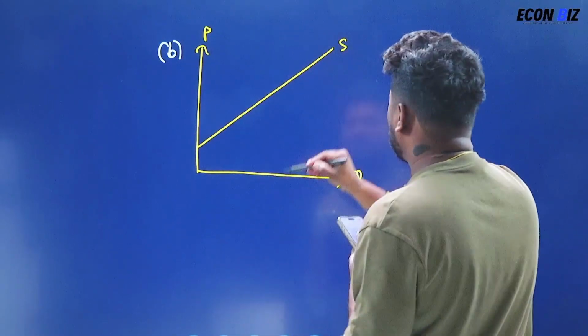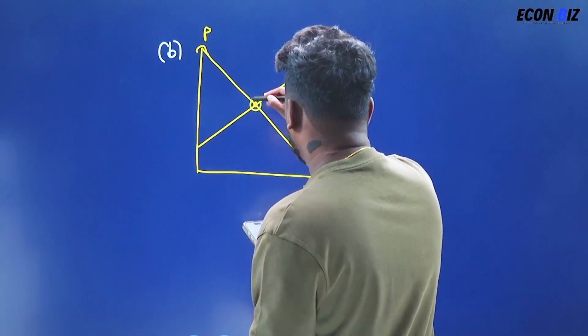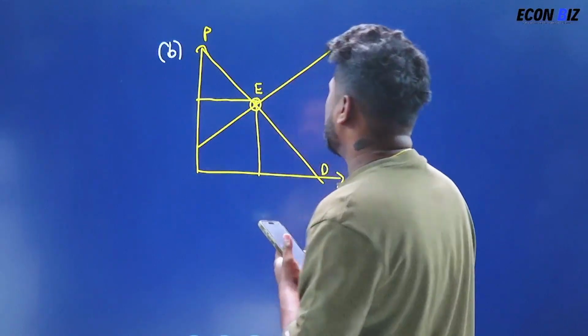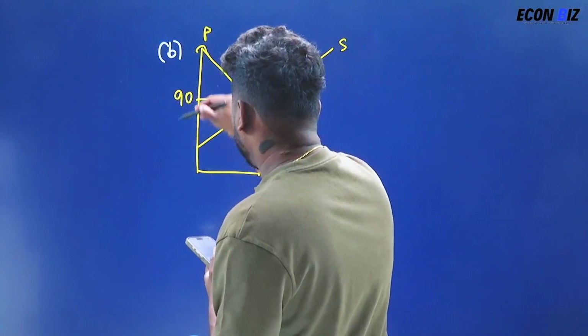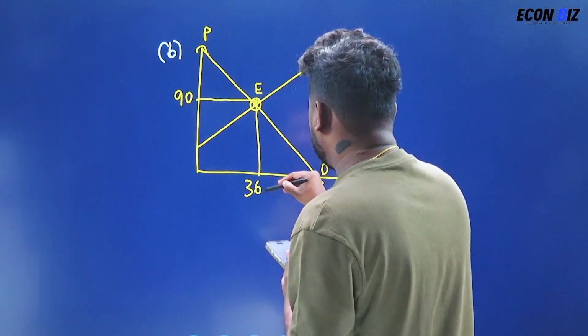So your supply curve like this, demand curve like this. This is the market equilibrium. Previously you got 90 rupees and your quantity was 360.